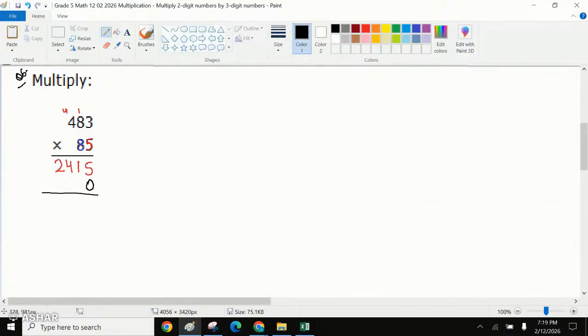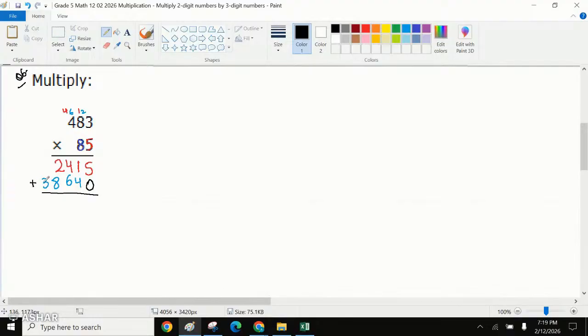8 multiplied by 3 was 24. We carry the 2. 8 times 8 is 64. 64 plus 4 is 66. 8 times 4 is 32. 32 plus 6 is 38.